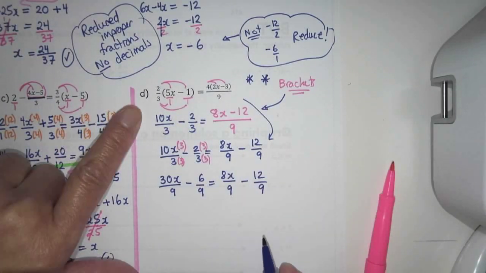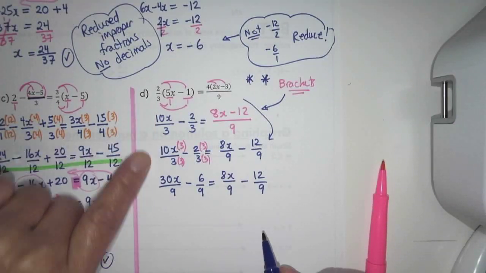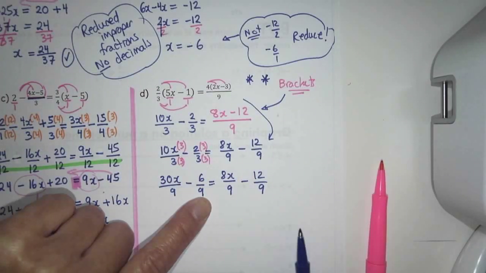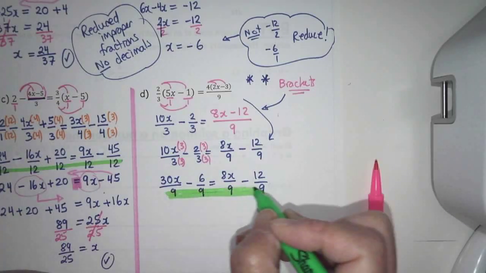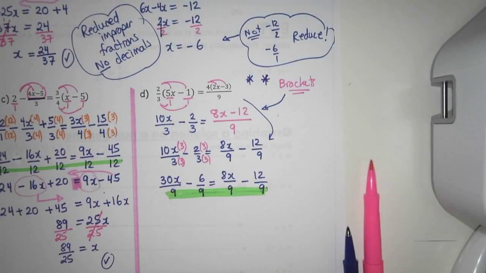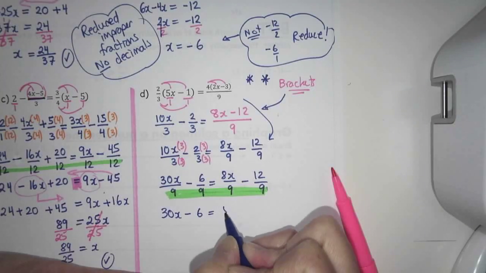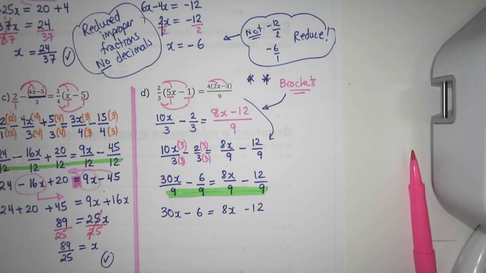Didn't have to multiply this by anything. Again, one more time. No equals on this side. No equals on this side. Equals lined up in the middle as best as you can. When you get the same denominator, we're going to dump this denominator. We're going to go 30x minus 6 equals 8x minus 12.